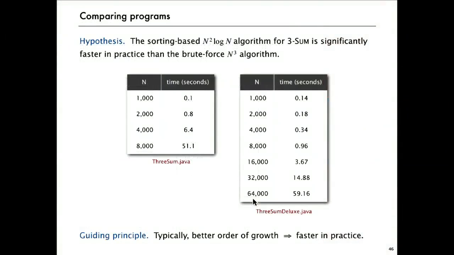In 50 seconds, we can solve up to 64,000. So typically, we expect that better order of growth means faster in practice. But when it comes to examining the algorithms in detail, we can go ahead and do the tests and figure out which algorithm is faster. Certainly, going from n cubed to n squared log n, we expect a much better algorithm.